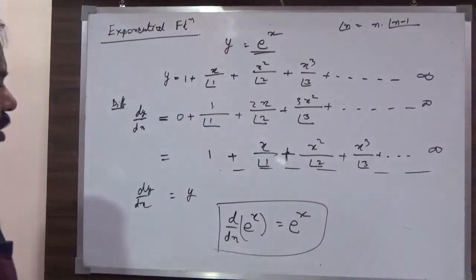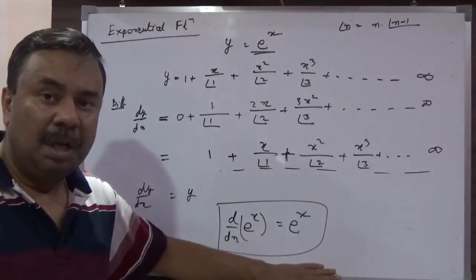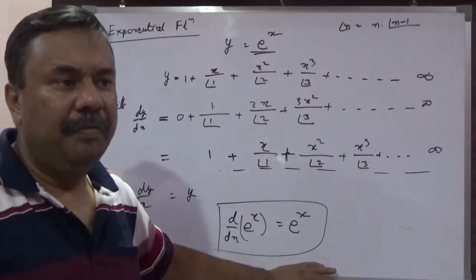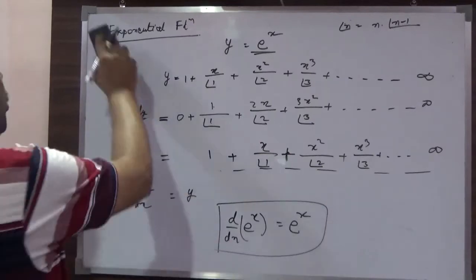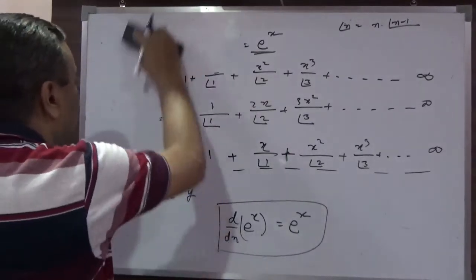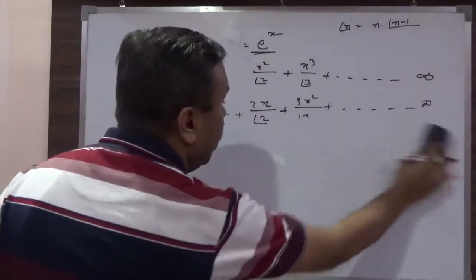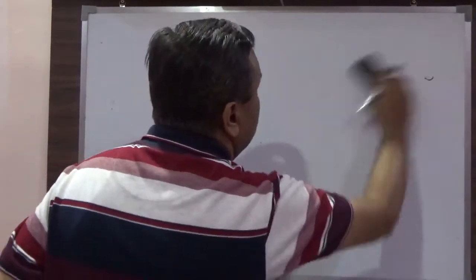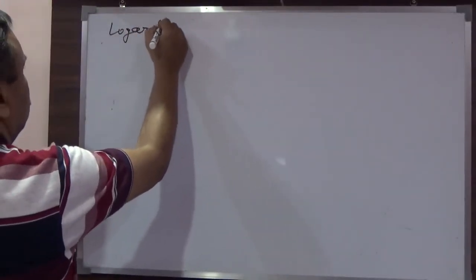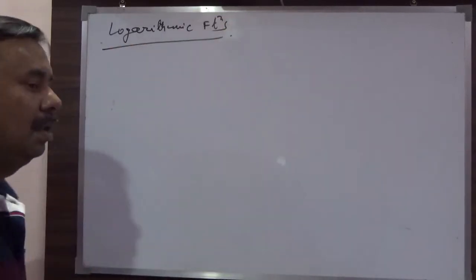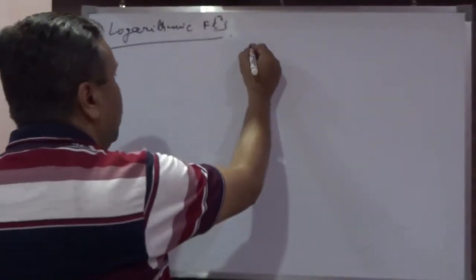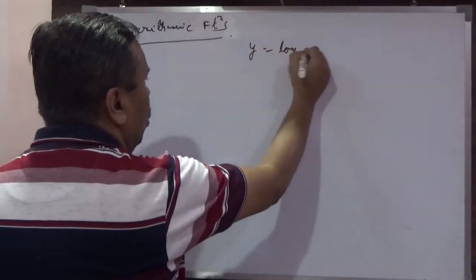Once you have understood this, the logarithmic function is very easy using this result and the method for differentiating implicit functions. It will become a very easy two or three step task. Suppose I am given y equal to log x.